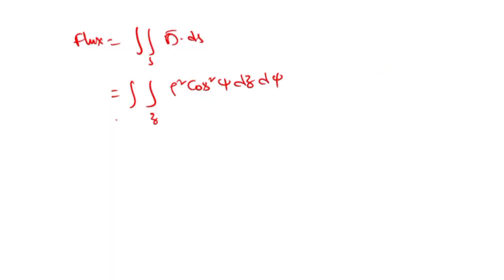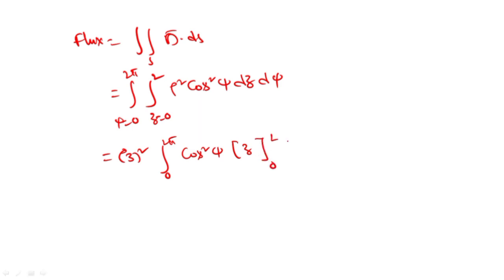Rho square is a constant, rho is 3, so 3 square, integral 0 to 2 pi of cos square xi, I keep it same. The integral of 1 dz is z, 0 to 2. This is 9, integral 0 to 2 pi of cos square xi times 2 minus 0.